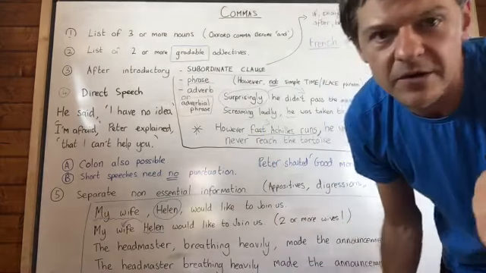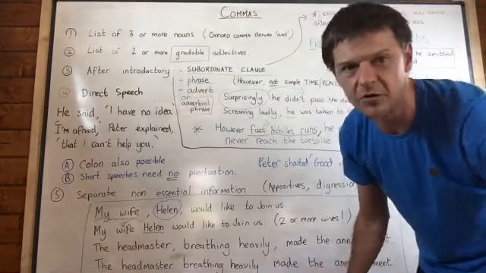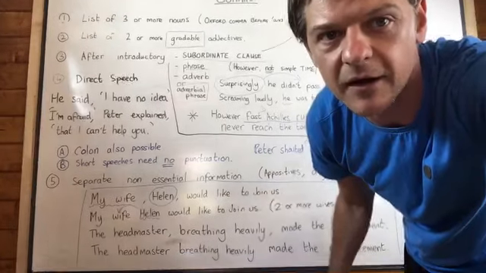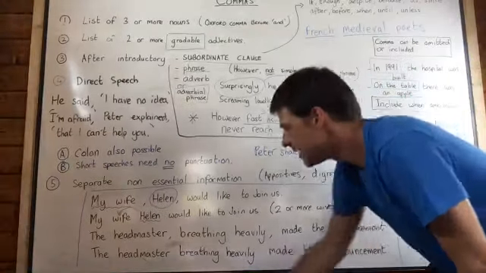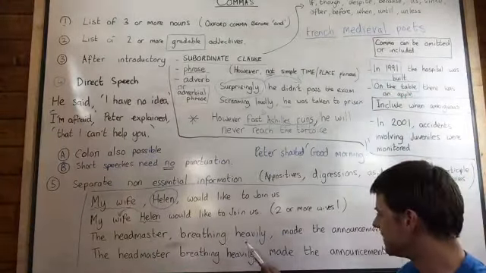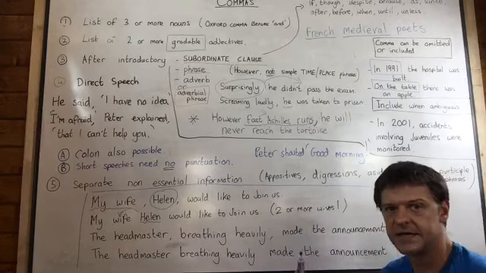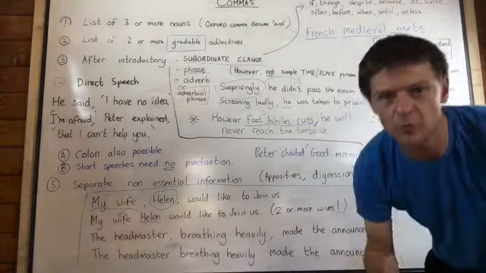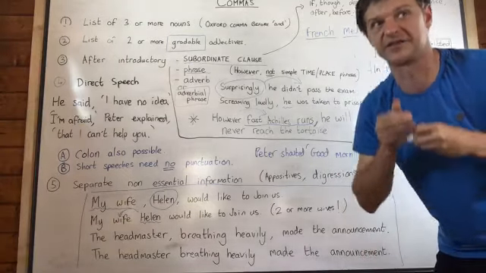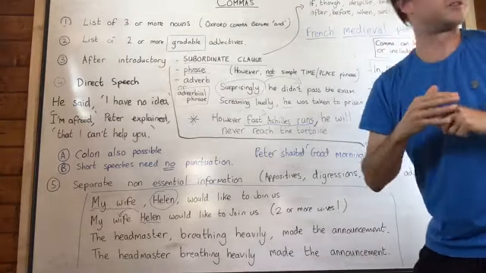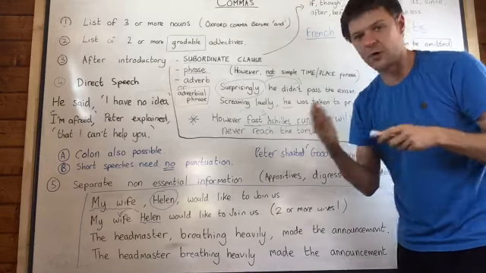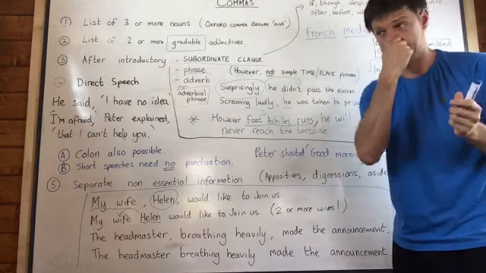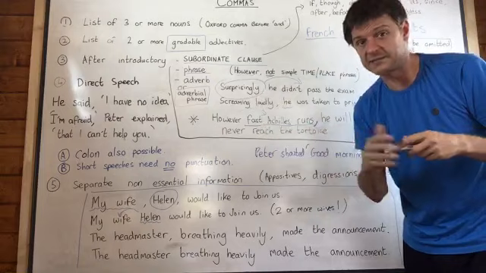Now, if we look at the bottom 2 examples, I think it's more or less in the camera screen. The headmaster, breathing heavily, made the announcement. Now, this is correctly punctuated because usually in a school there is only one headmaster. However, I think it's within the realms of possibility that one school out there somewhere might have 3 different headmasters.